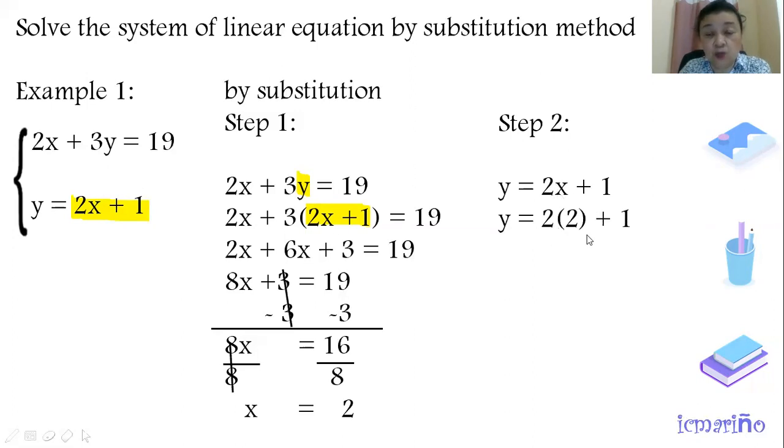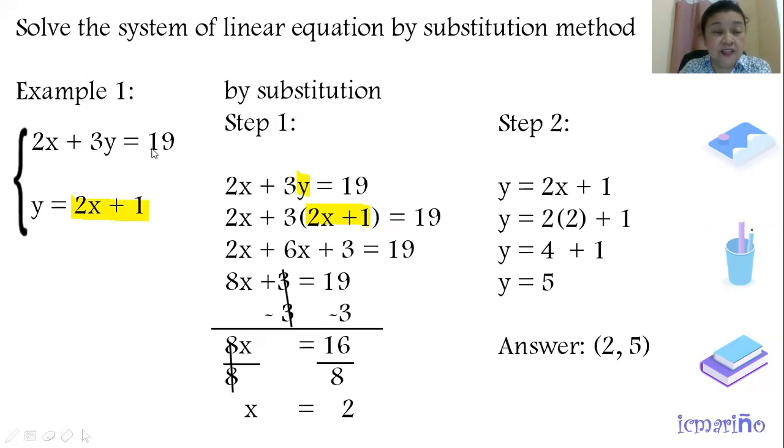Okay, so that is y is equal to 2 times 2 plus 1. So that is y equals 4 plus 1. And the value of y is 5. So our answer is 2 for x and 5 for y. So that is our solution for the linear system.